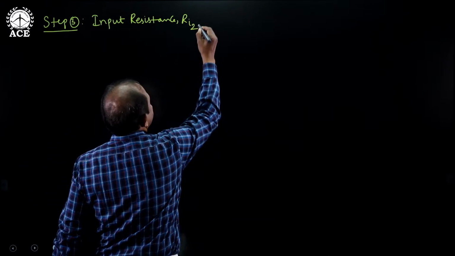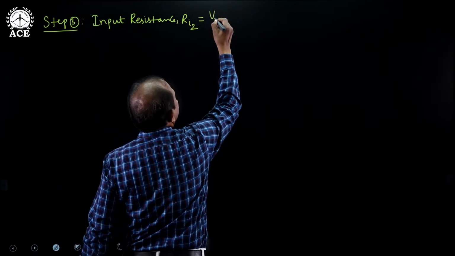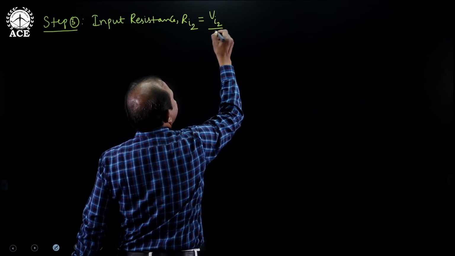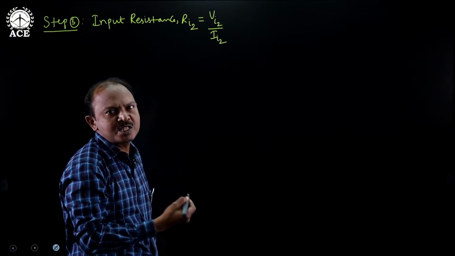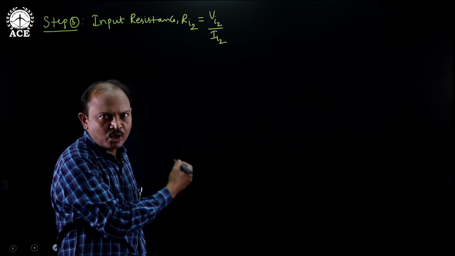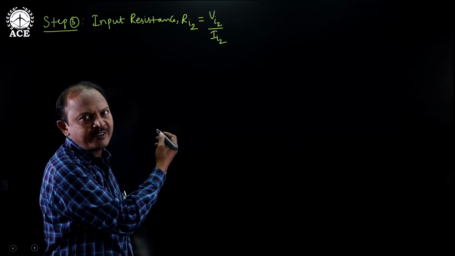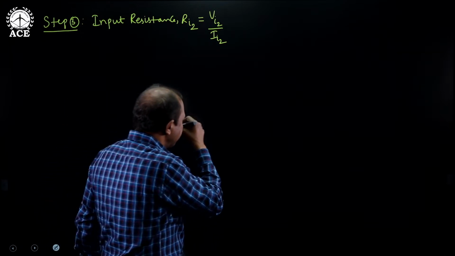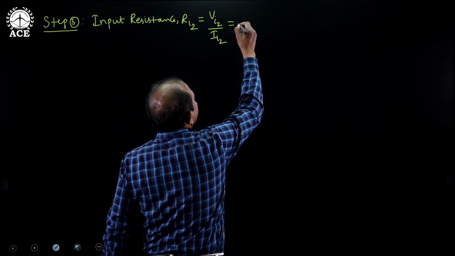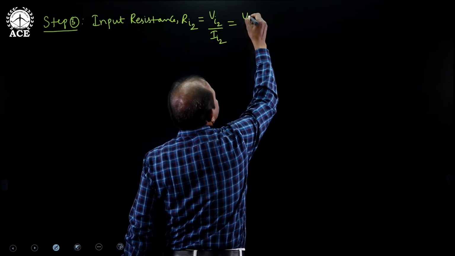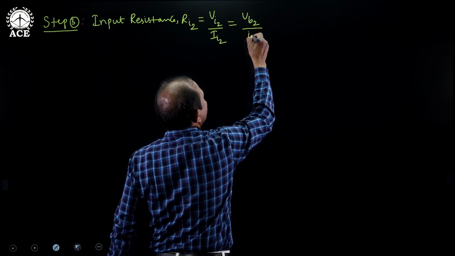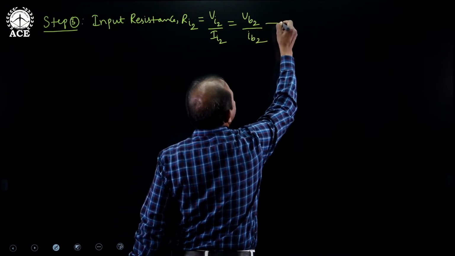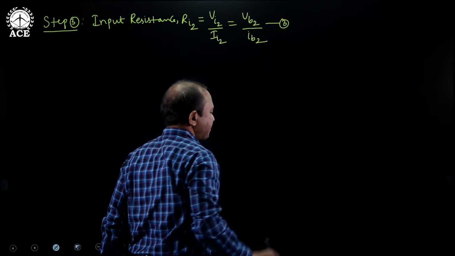Of course, input resistance is VI2 by II2, general formula. For any amplifier, input resistance means VI by II. We are talking about the second stage, so it will be VI2 by II2. Because we are working with a CC amplifier, input is VB and input current is IB2, so VB2 by IB2. This is the equation we are supposed to use.